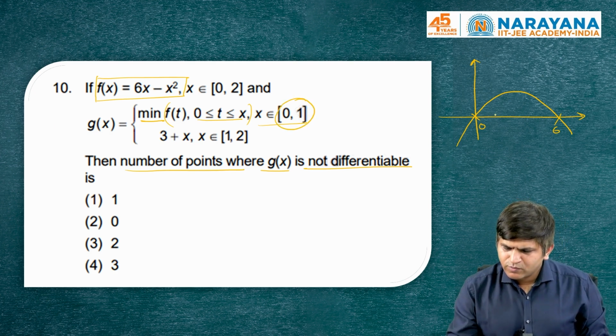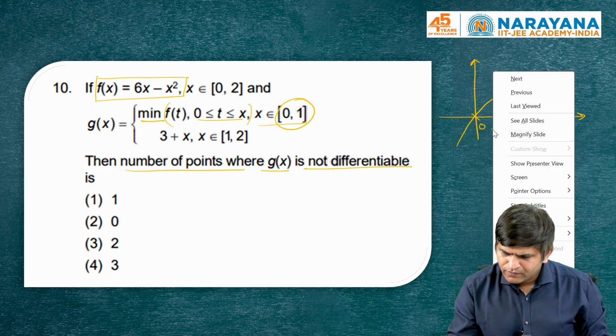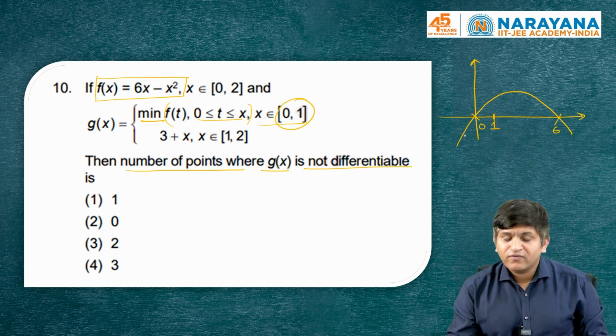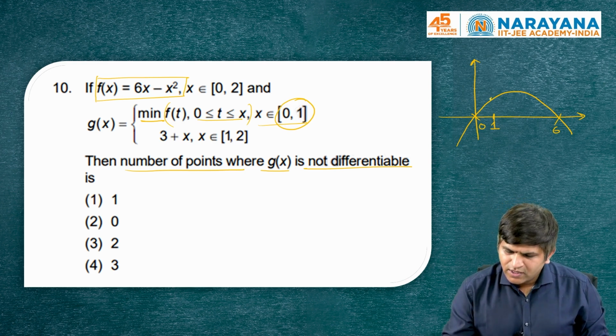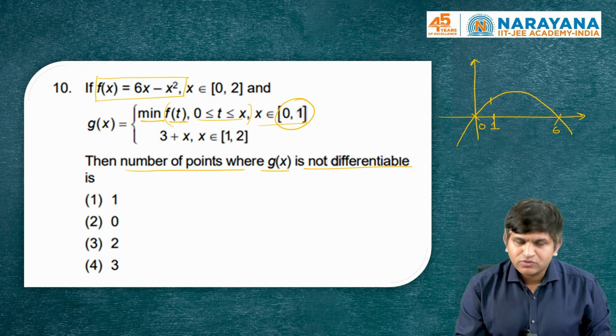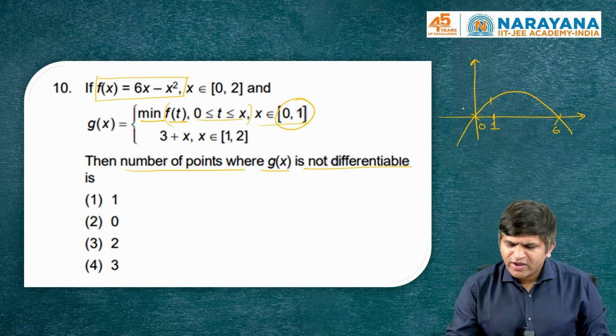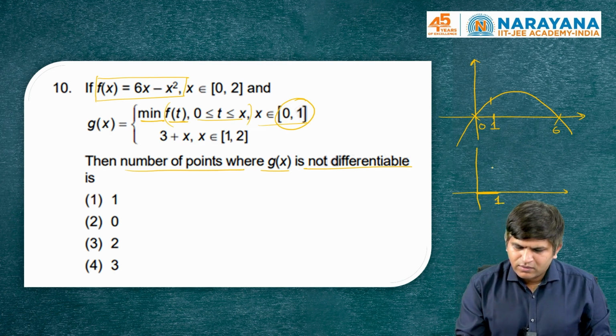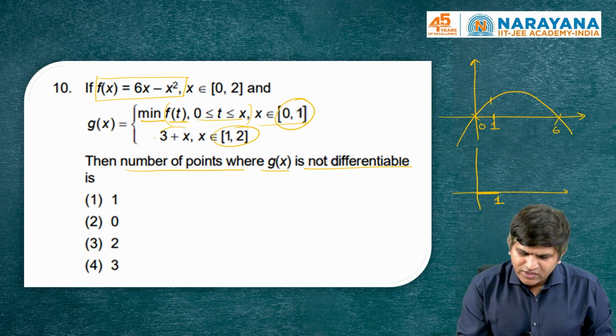In the interval x belongs to 0 to 1, if we look at the minimum of f(t), that will be g(x). So the minimum in 0 to 1 will be 0. If we draw the graph, we are getting 0 in between 0 to 1. And from 1 to 2, the definition is 3 plus x.